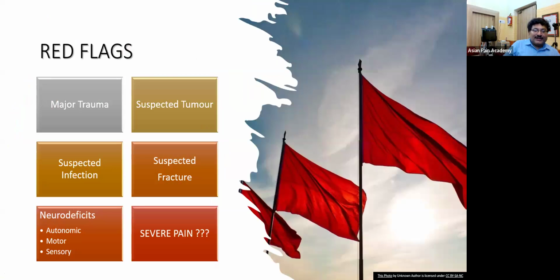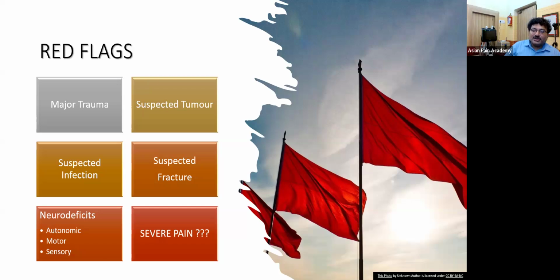First of all, if the back pain is associated with a major trauma, we should immediately go for an evaluation irrespective of the condition, whether the patient is having pain or not. Then if we are suspecting there could be a possible tumor or possible infection.